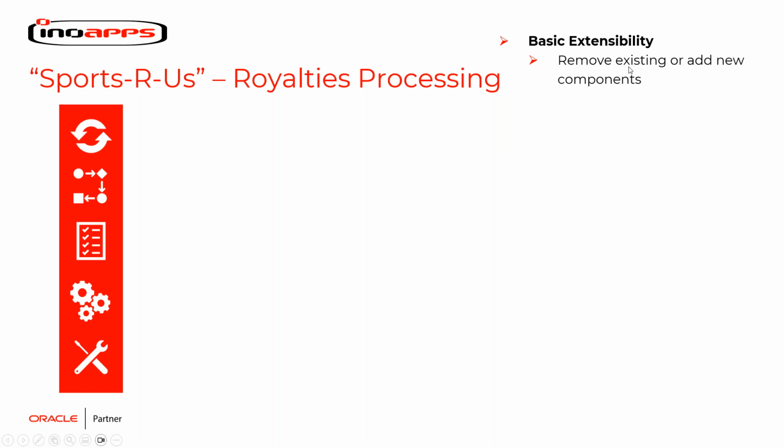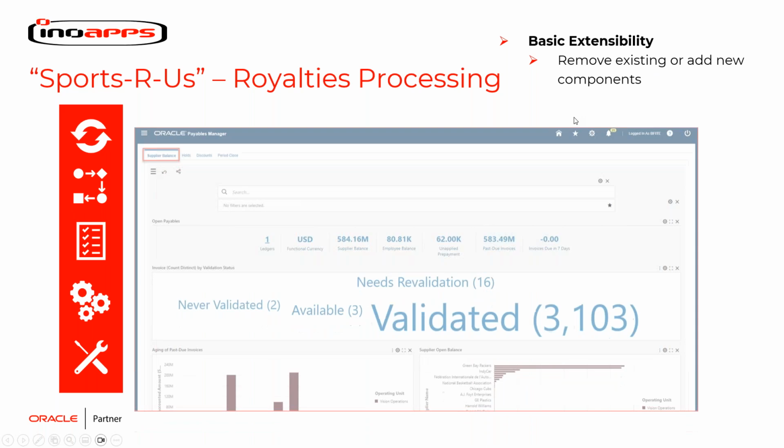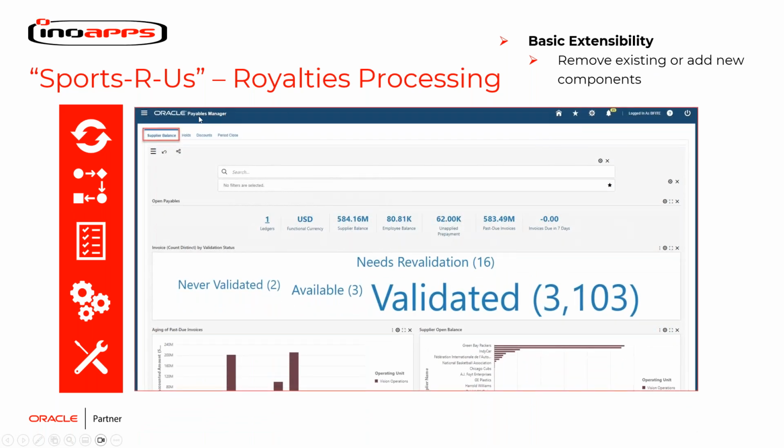All right, now I want to remove existing or add new components. Here, I'm over on the Payables Manager Command Center. And in the supplier balance, where I've added a red line, I want to create a new graph. That graph is royalty data.